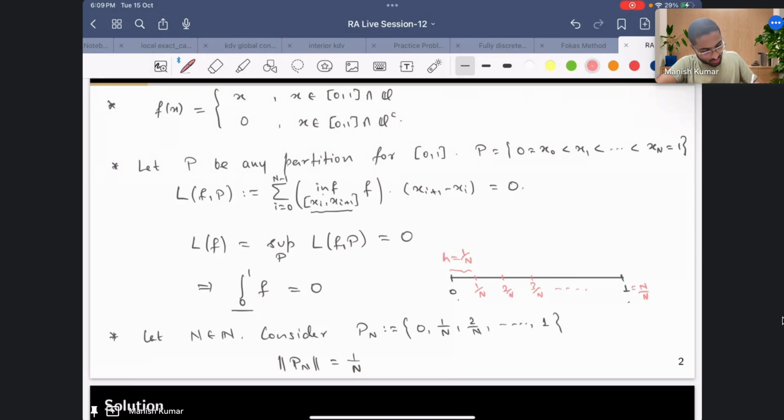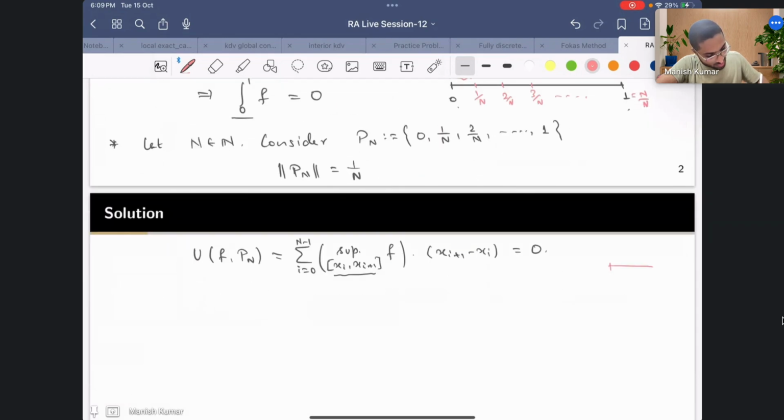let's consider any one of the subintervals, maybe I should write here. Say this is 1 by n to 2 by n. At the irrational points, the function is taking the value 0, so we don't have to worry about that. And for the rational points, it is taking the value x. So this is the largest value the function takes over here, isn't it?